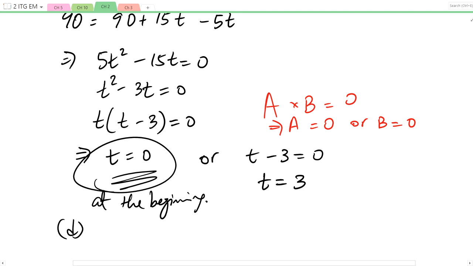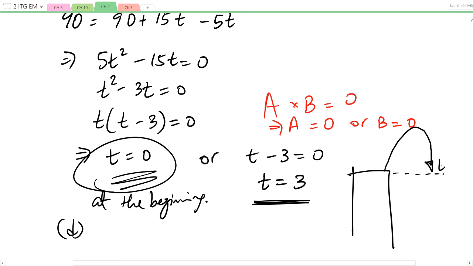Then it took some time to go up, then came back down. No, this time equals 3 refers to this path of the ball. When it came until here, this is time equals 3. This over here is time equals 0.